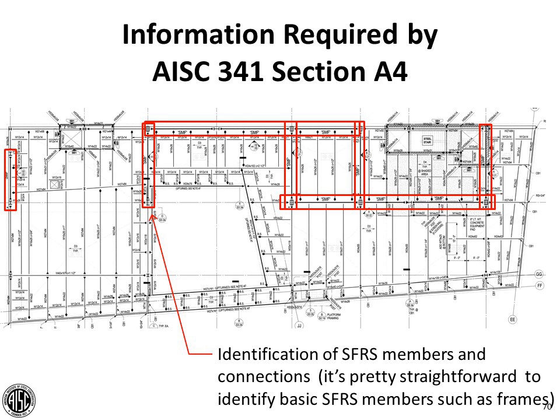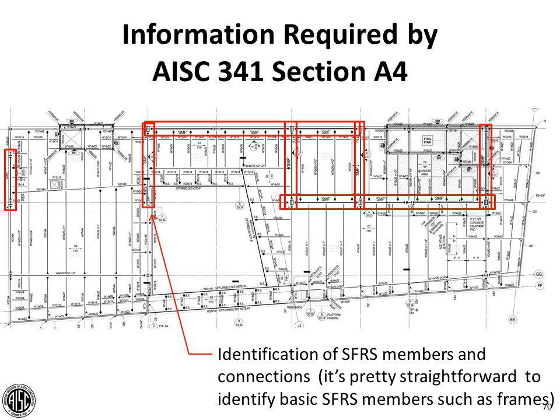On the plans, usually it's pretty easy to designate what the seismic force resisting system elements are. And so here, for example, the special moment frames have been identified in plan, and I've tried to highlight them with the red rectangles.